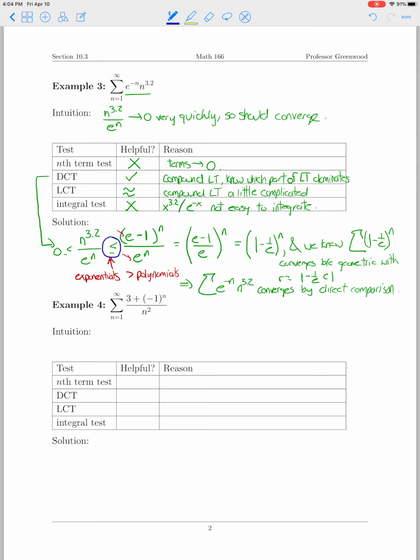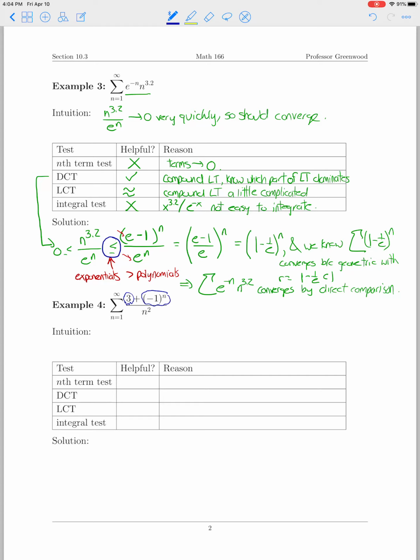So here we have 3 plus minus 1 to the n over n squared. And so this term right here is going to be annoying because it oscillates between a plus or a minus 1, and it doesn't have a limit as n goes to infinity. However, it's going to be negligibly small in comparison to the n squared in the denominator. And so it's also the case that this particular oscillation is not going to affect whether or not the numerator is positive or negative because the 3 is already bigger than a minus 1.